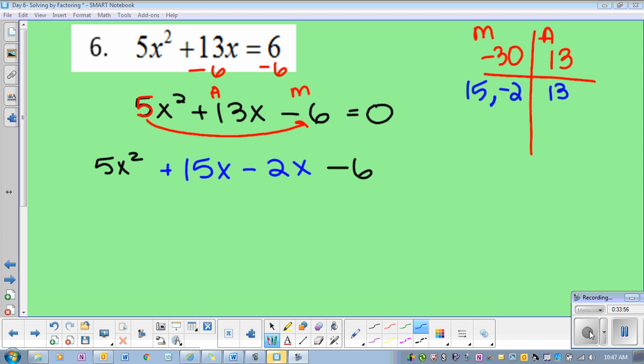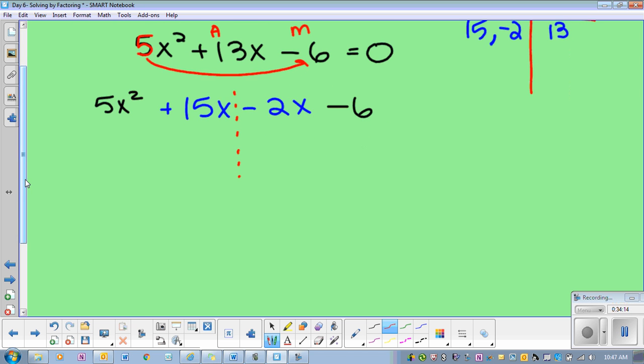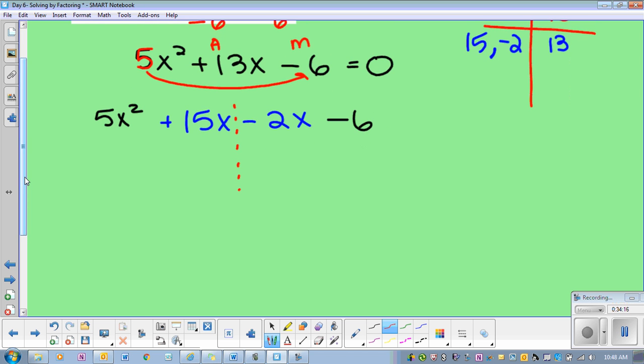So when we have 1, 2, 3, 4, we're going to divide it in half. Find the GCF of the left-hand side. If your order is different from mine, that's okay, as long as your parentheses match.